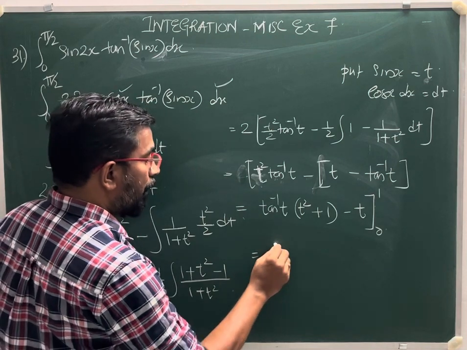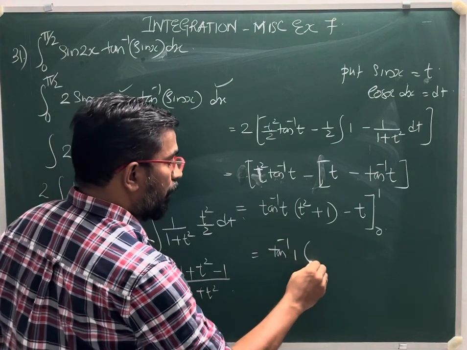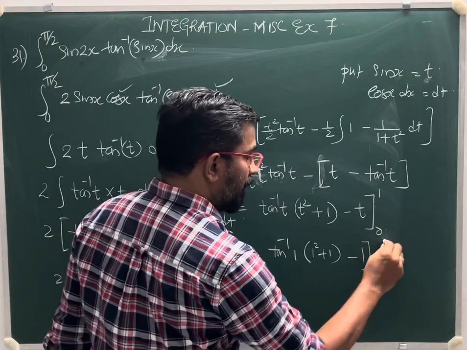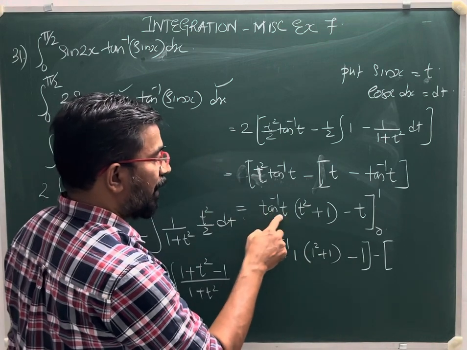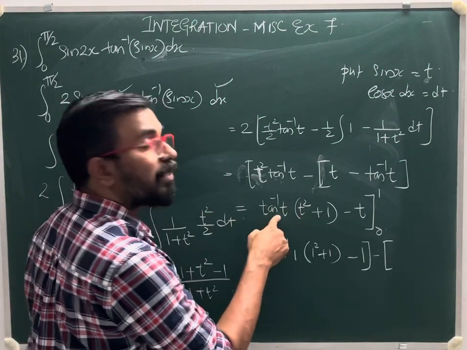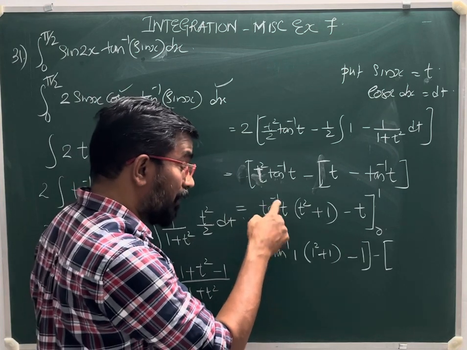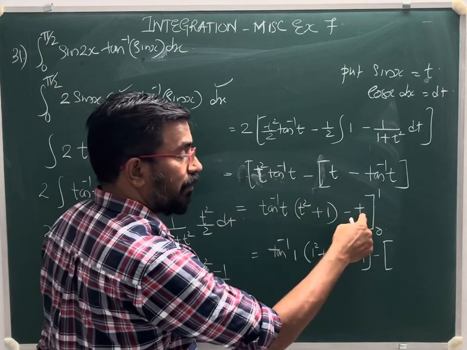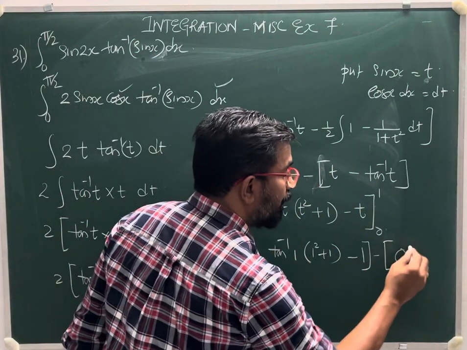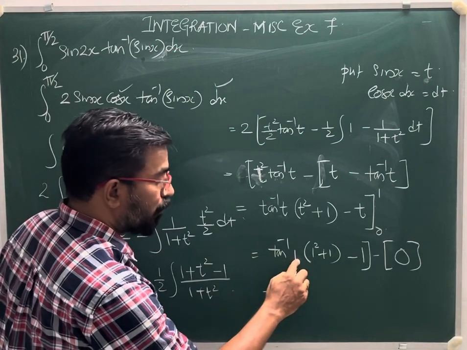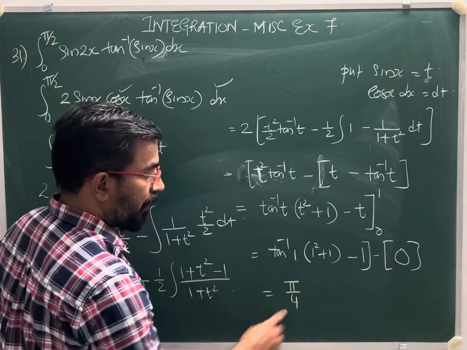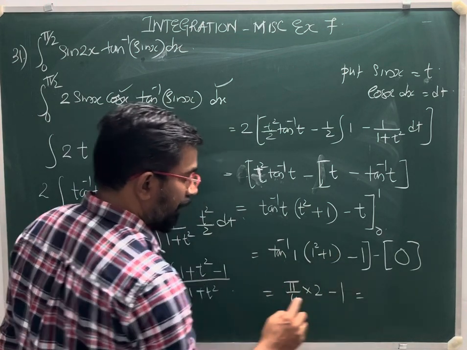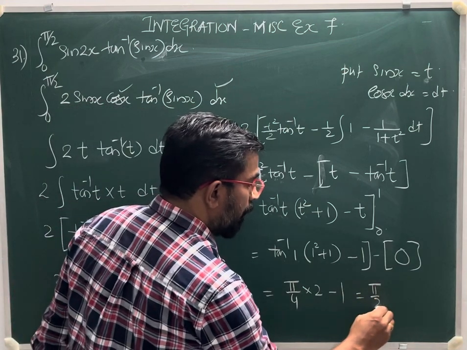So this will become tan inverse 1 into 1 square plus 1 minus 1, minus, now when I apply 0, t is 0, so 0 into t square, tan inverse 0 is 0, then this whole stuff will be 0, minus t is also 0, so this no need to write, this is 0 only. So this will become tan inverse 1 is pi by 4, 45 degree, this will become 2, so into 2 minus 1. So that finally will become pi by 2 minus 1.